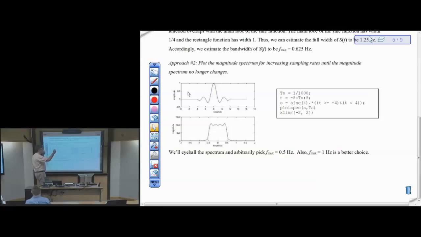We can start at a sampling of 100 hertz, then 10, then 1, and at 1 we should see aliasing. We can then figure out by eyeballing what the effective bandwidth really is. So you could pick something down here around 1 if you wanted to. It depends on the threshold you choose. So you could defend 0.6, 0.7, 1, 1.1.